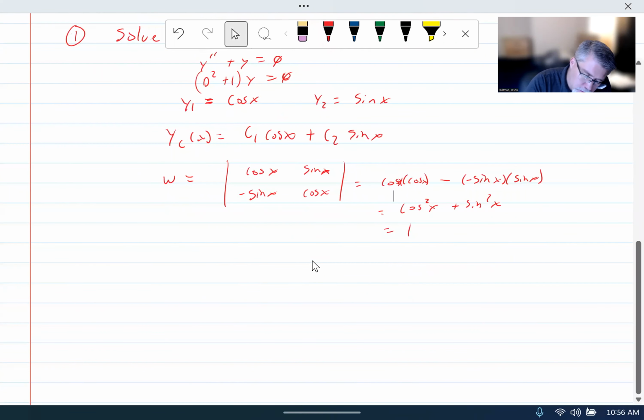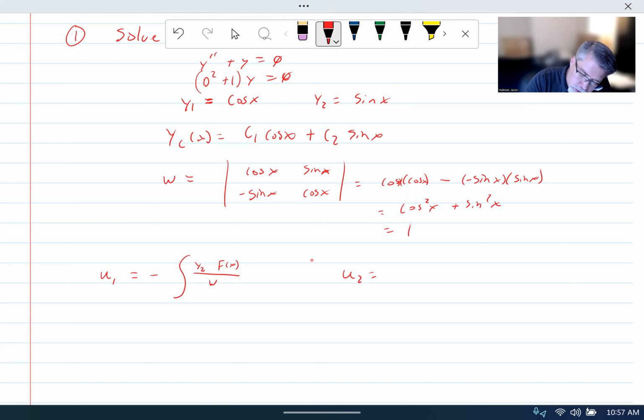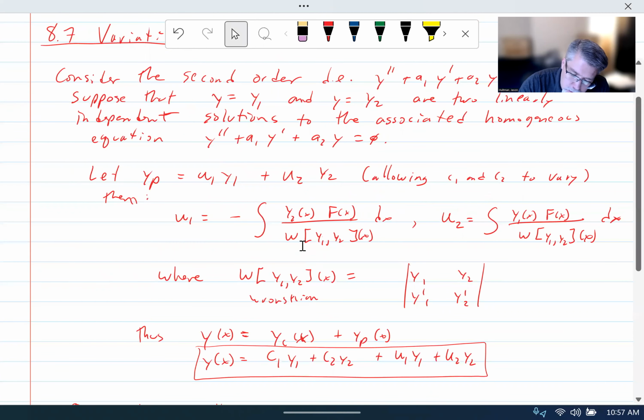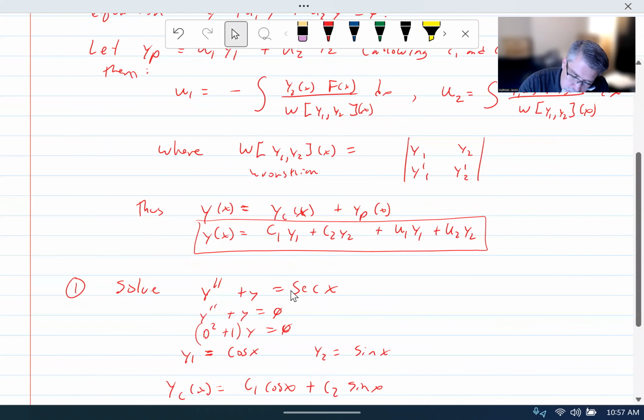Okay, so now let's find out what u1 is. u1 is equal to the negative of the integral of y2 times f of x over the Wronskian. And u2 is equal to the positive of y1 f of x over the Wronskian. Get my dx. Okay, so f of x, going back to the original problem, is secant x.